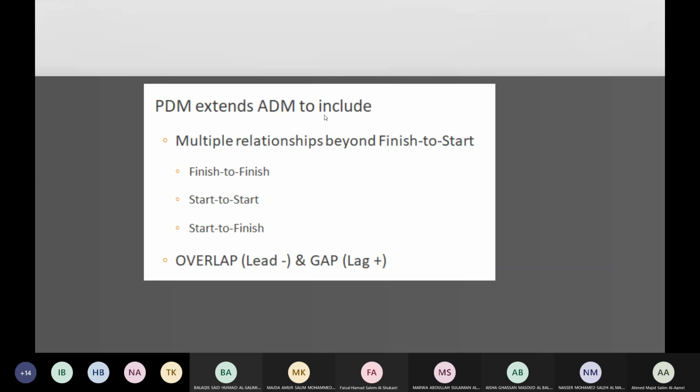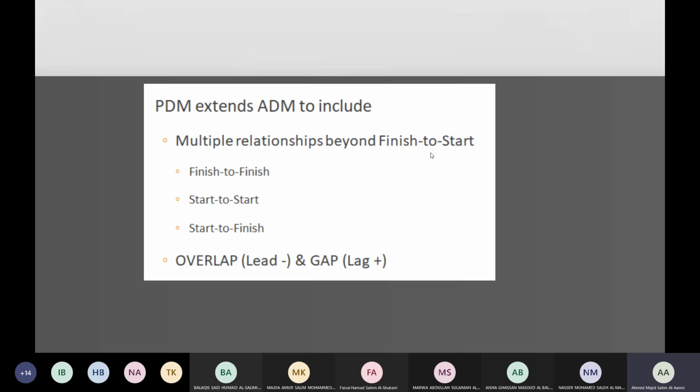One is extra relationships. We said in ADM we only have finish to start. Now in BDM you will have four relationships: finish to start, finish to finish, start to start, and then start to finish. And we are going to learn these things with examples.